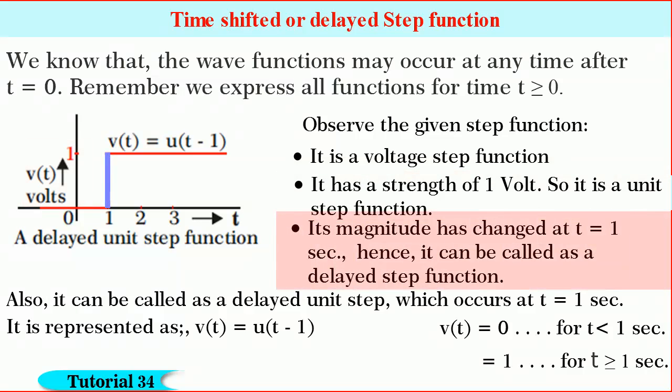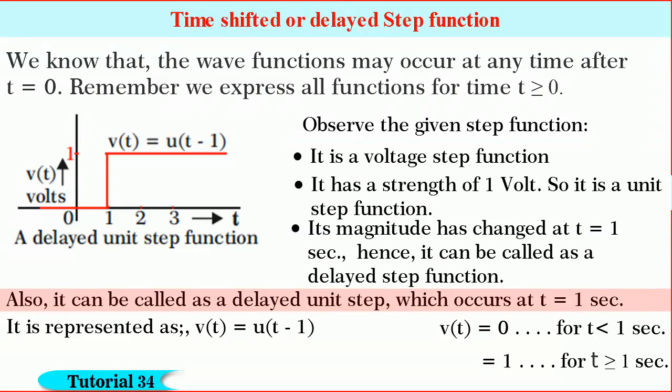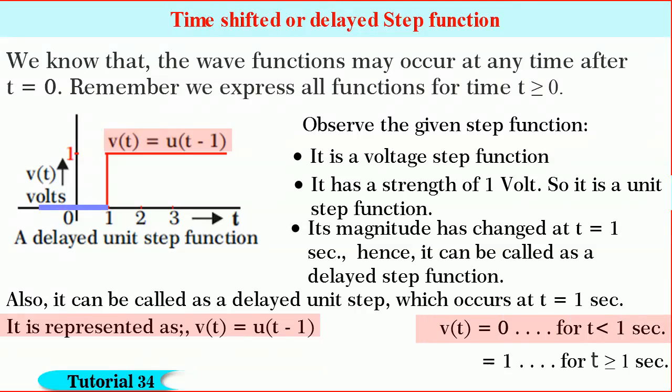Its magnitude is abruptly changing at t is equal to 1 second, hence it can be called a delayed step function. Also, it can be called a delayed unit step which occurs at t is equal to 1 second. Its mathematical model is v of t is equal to 0 for t less than 1 second and is equal to 1 for t greater than or equal to 1 second.